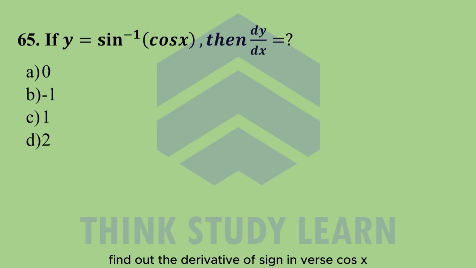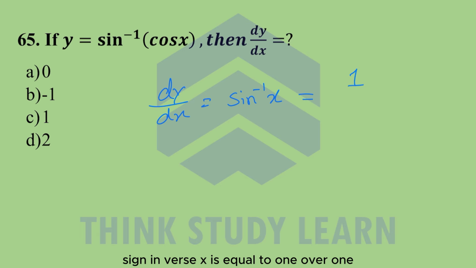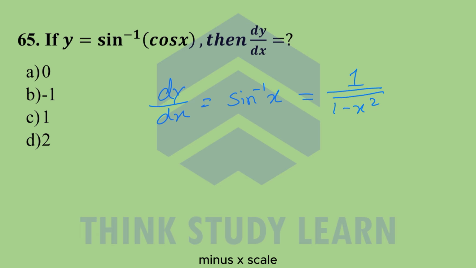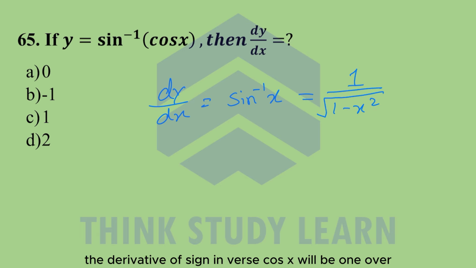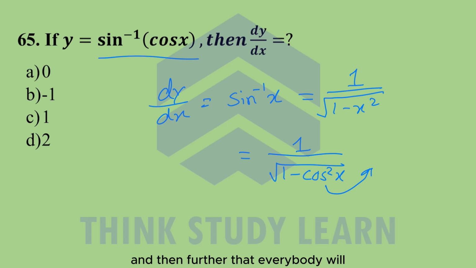Find out the derivative of sine inverse cos x. We know the derivative of sine inverse x is equal to 1 over square root of 1 minus x square. Then the derivative of sine inverse cos x will be 1 over square root 1 minus cos square x, and then further the derivative of cos x will be minus sin x.